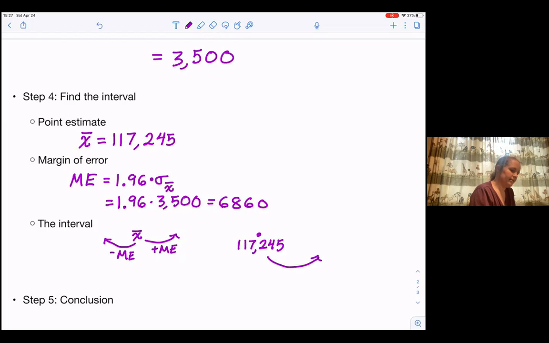We add 6,860 going to the right. We subtract 6,860 going to the left. And that winds up giving us 110,385 on the left, and on the right, 124,105.